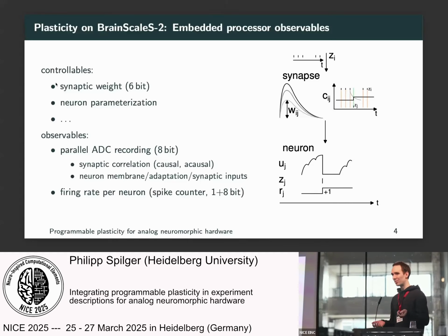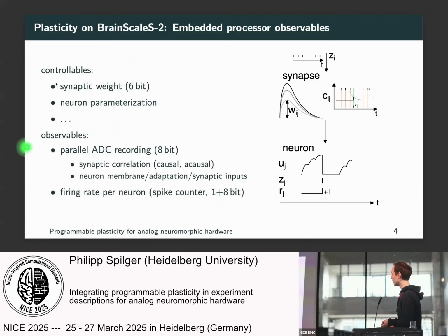So there are controllables, meaning that you can change parameters of the network or change network topology, for example synaptic weights or neuron parameterization or routing parameterization or other stuff. And also, on the other hand, there are observables, which means that you can look at real-time data which is generated during the experiment.